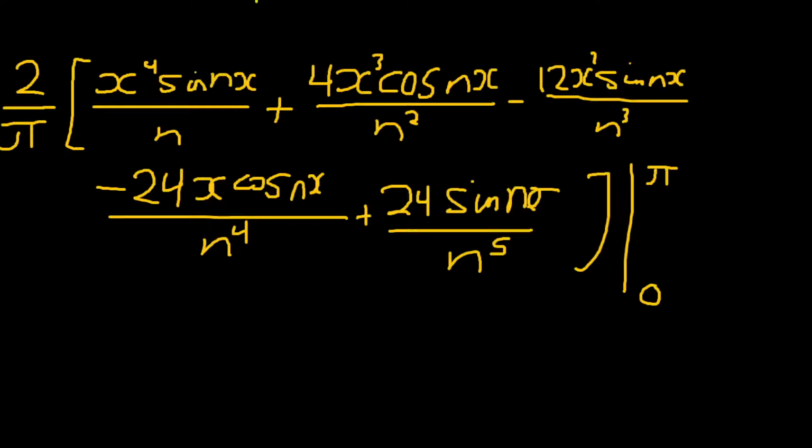Now, the cool thing about this is, as soon as you have a sine term and you plug in pi or 0, you're just going to get 0 because these are integer multiples of those. Plug in pi, you get sine of pi n, which is 0, and 0.